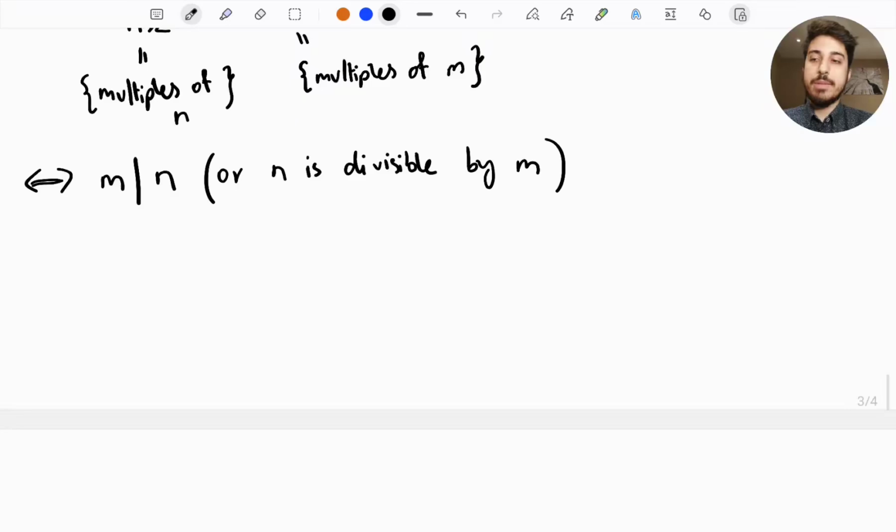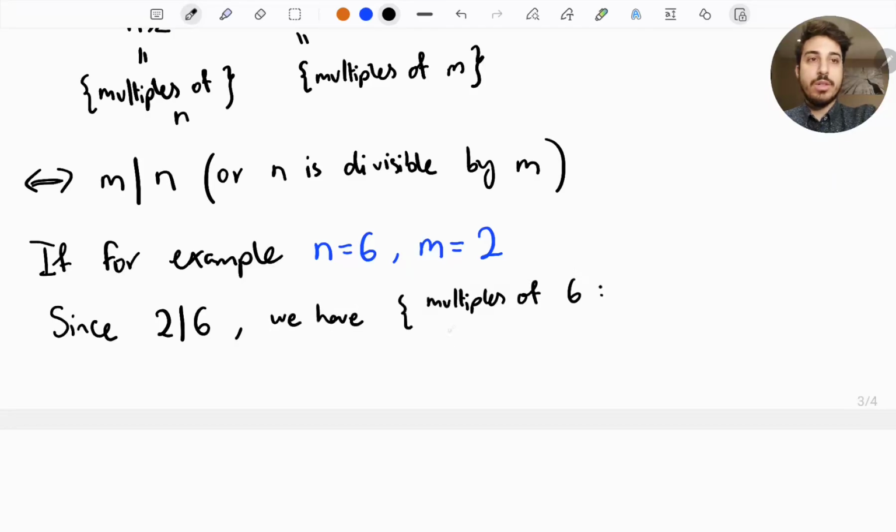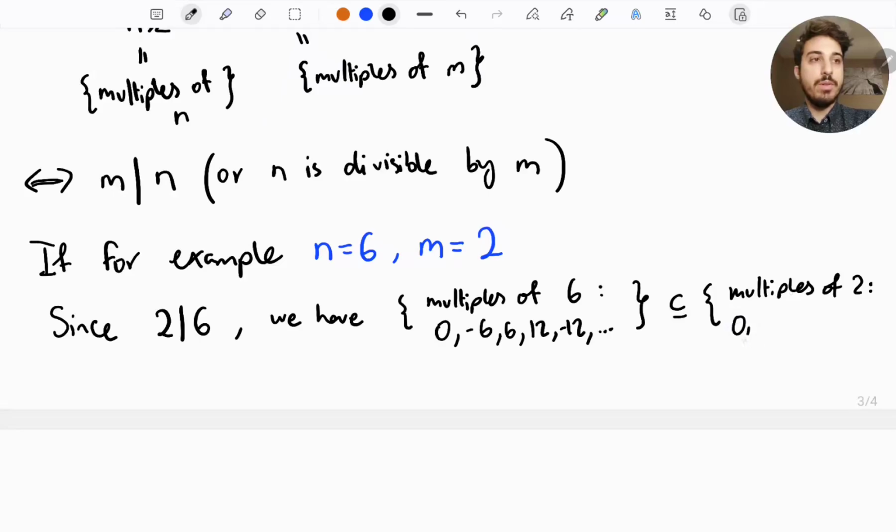Well, if you take an example, n is equal to 6, m is equal to 2, we know that since 2 divides 6, the multiples of 6, which are, let's say, 0, minus 6, 6, 12, minus 12, etc. All of these are even numbers, so they're inside the multiples of 2. The set of the multiples of 2: 0, 2, minus 2, 4, minus 4, all of the multiples of 2.